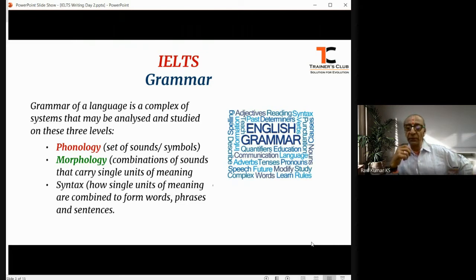The third integral part of grammar is the syntax. What is syntax? Most of you must be knowing because all of you are used to using the computer.